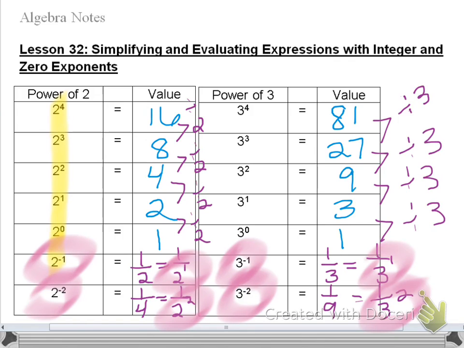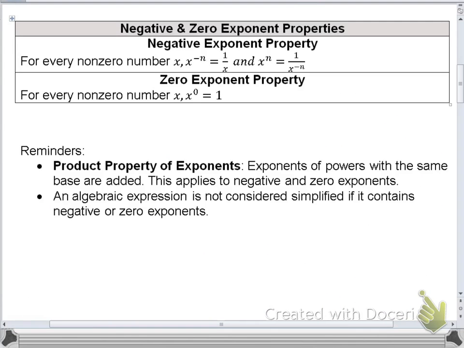So if you look down on your notes, there's a property that describes this pattern that we just discovered. So for every non-zero number x, so that means any number that's not 0, it could be positive or negative, if it's held to a negative exponent, oh, I forgot the negative sign when I typed this up here.